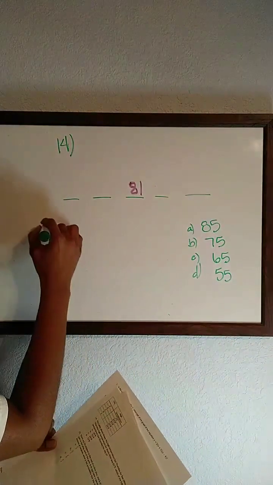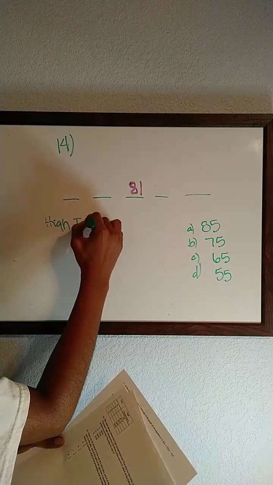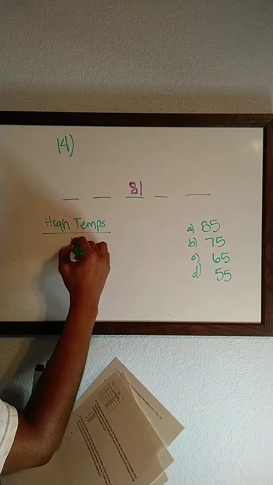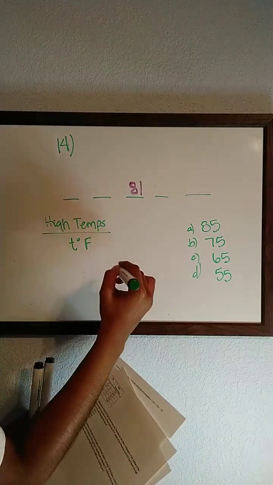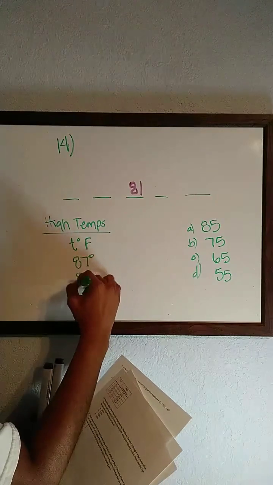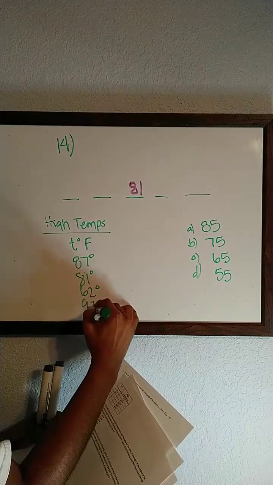So the numbers that they gave me, I forgot you don't have a chart. They gave me high temperatures for the week. The high temperatures for the week were T degrees, we're not sure what that one is, 87 degrees, an 81 degree day, a 62 degree day, and a 93.